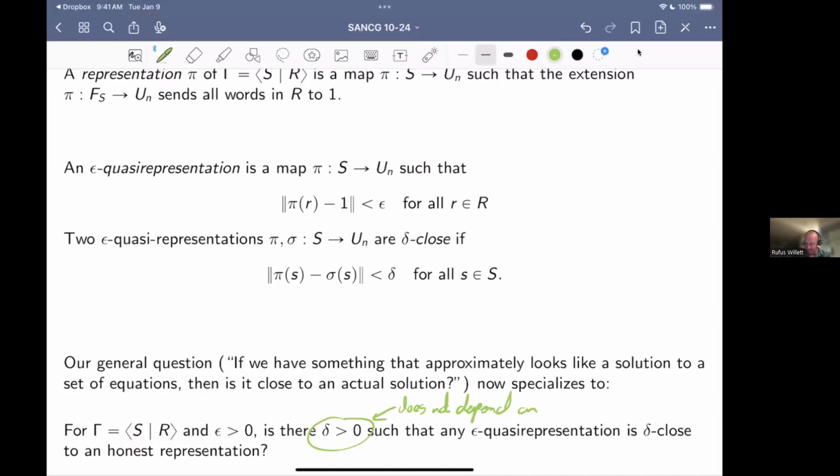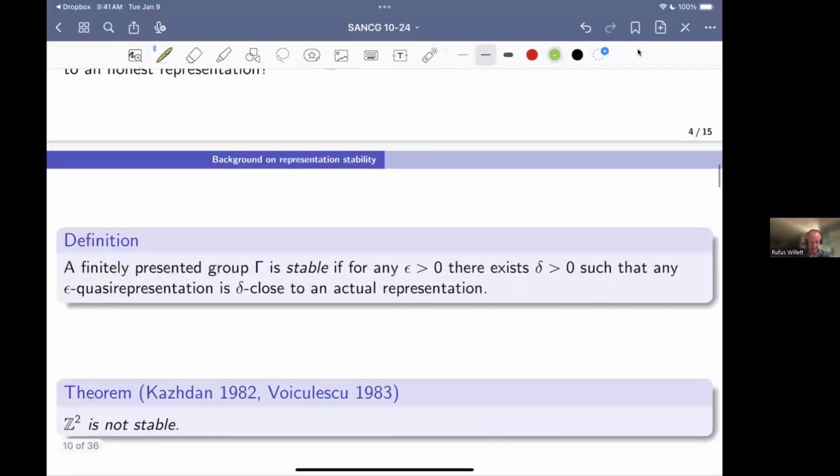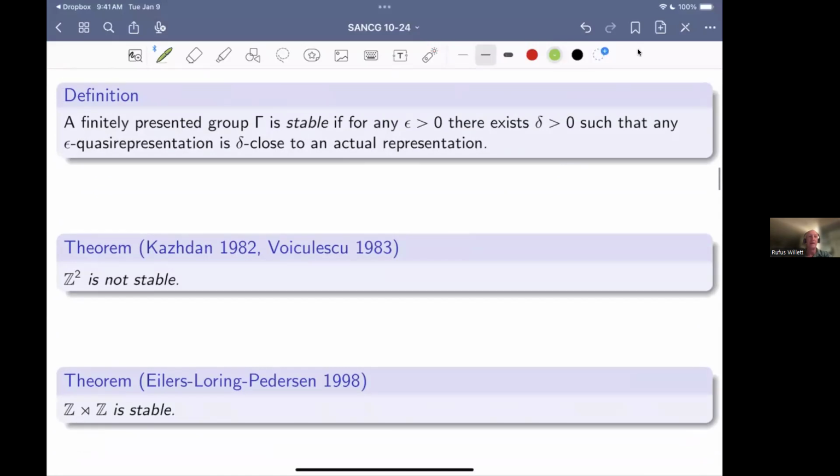And it's very important that the delta does not depend on the N. So you want to do this uniformly, independently of the size of the matrices. If you did allow delta to depend on N, then the answer is yes, for fairly simple reasons. Surprise, I guess.